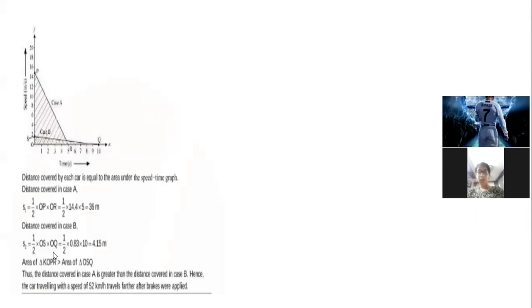Now just see car B. Half into base, what is your base? OQ. OQ is 10. And your height is 0.83. So 4.15 meters. So the area of the first one is greater than the area of the second case.